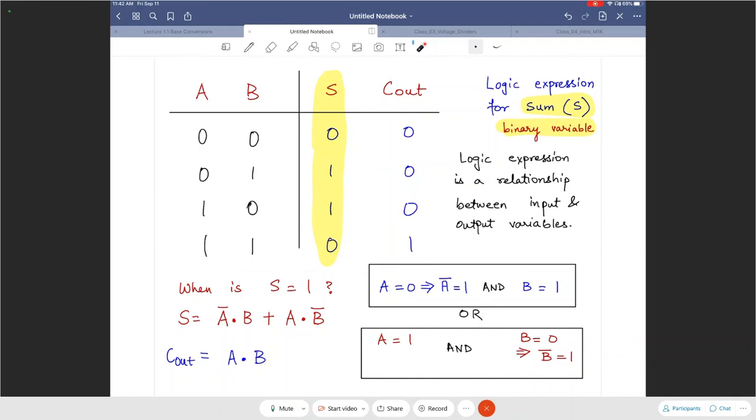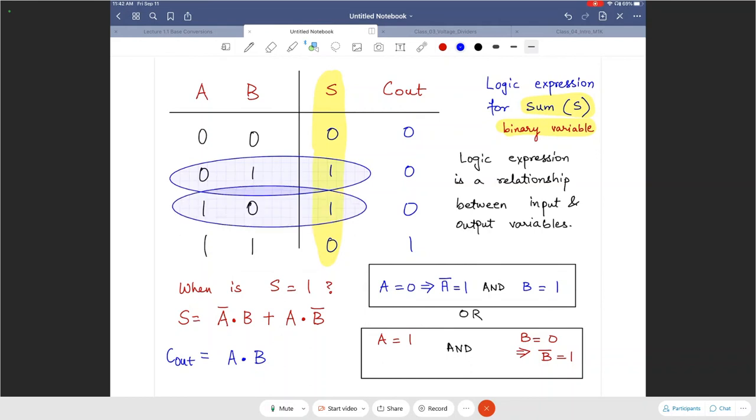Well, the sum is 1 here and here. 2 places. Those 2 places, I can write it like this. Sum is 1 when A is 0 and B is 1. Now A is 0 can also be represented as A complement is 1, right? So you see what is going on.